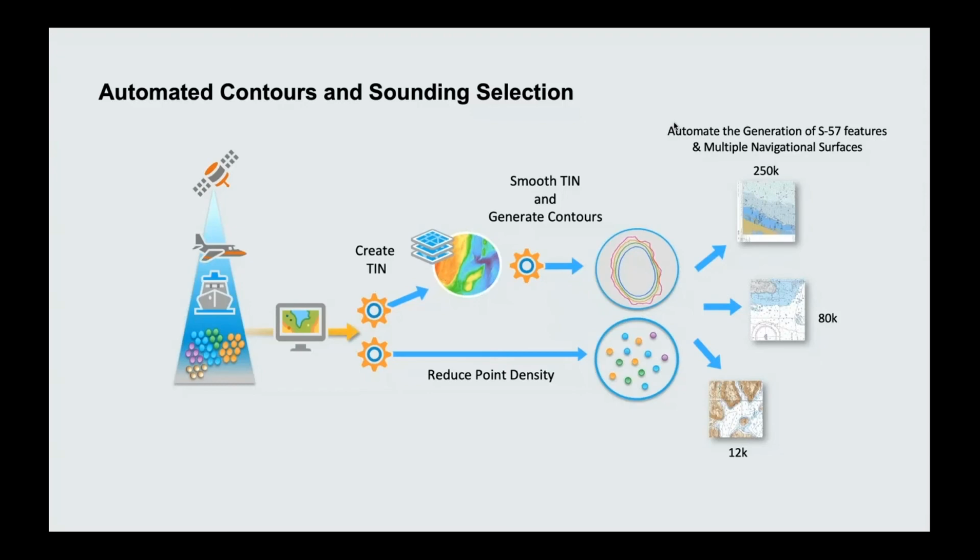And we are going to create a triangulated irregular network surface, smooth that surface, extract contours, and import those new contours into an S57 database.